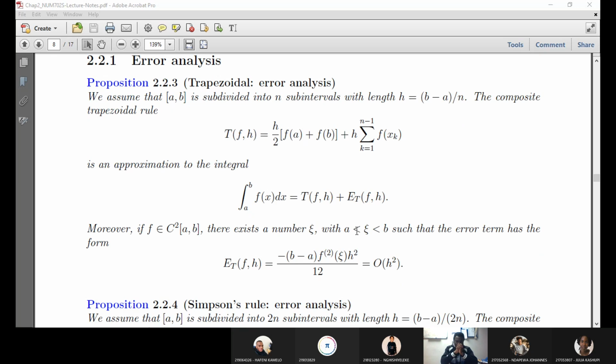Obviously, the derivation for this is in the theorem. If you recall the theorem, in the theorem, we obtain an approximation of this form.